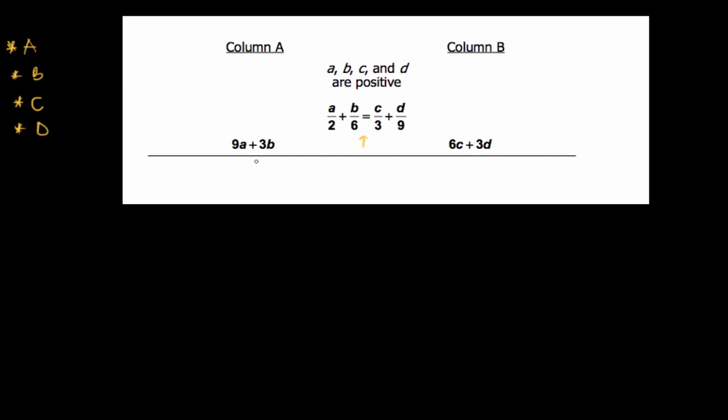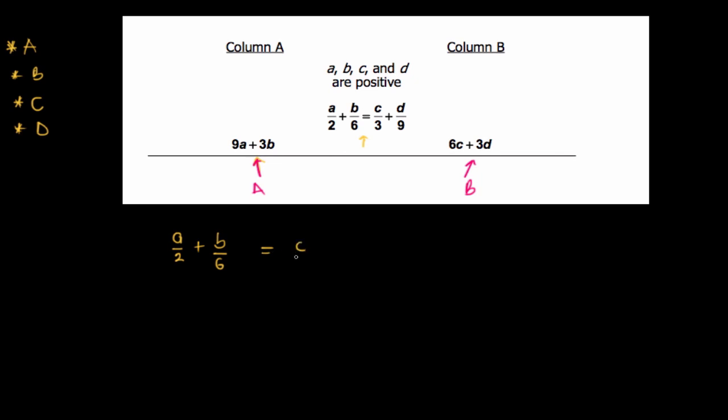Henceforth, I'll call this quantity A, and this one quantity B because it falls under column B, just to make things short. Let me solve this equation and see if I can establish a relationship. What I'm given here is A divided by 2 plus B divided by 6.